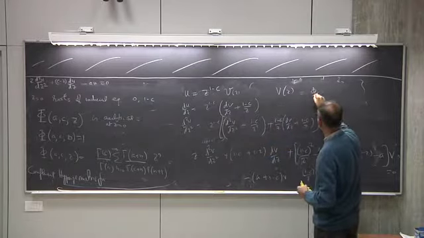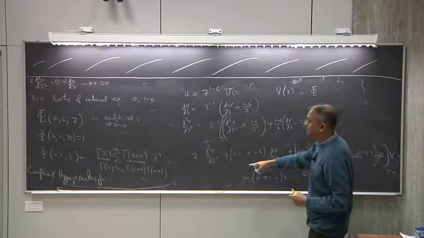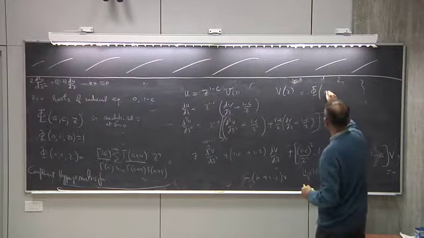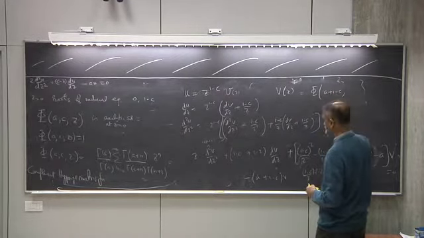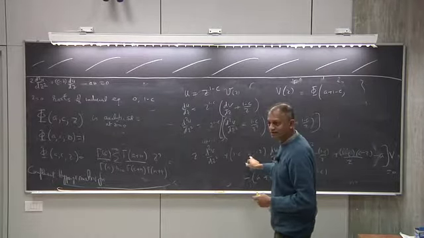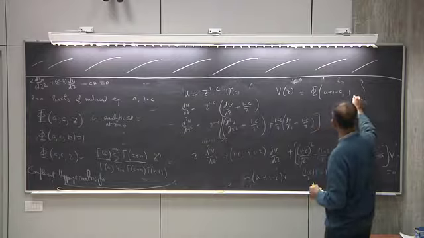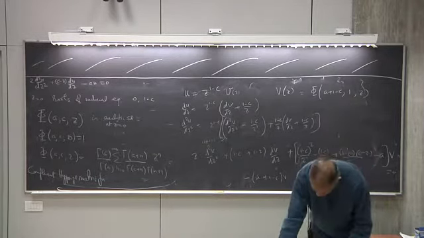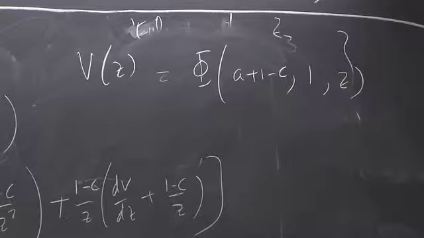This is phi of, let's see, a is replaced by this. So a plus 1 minus c. And c is replaced by 1, right? z. Okay. Now I don't know if I have made a mistake. If there's a mistake, we'll see this answer is wrong. Confluent.